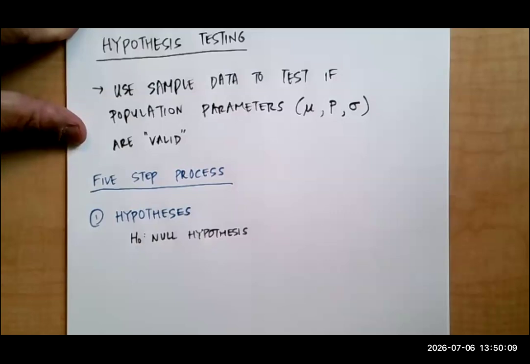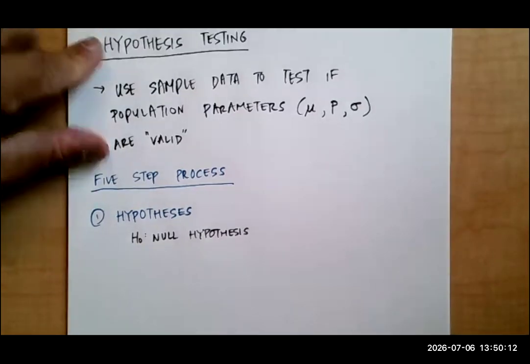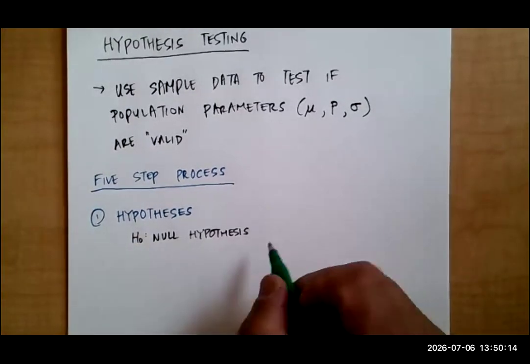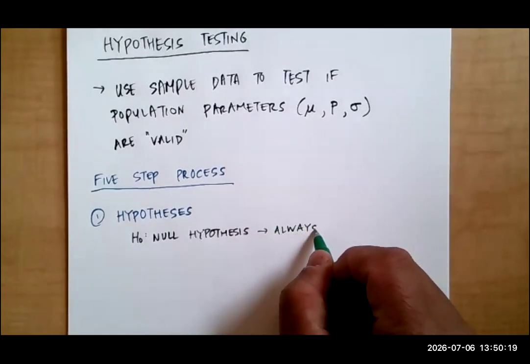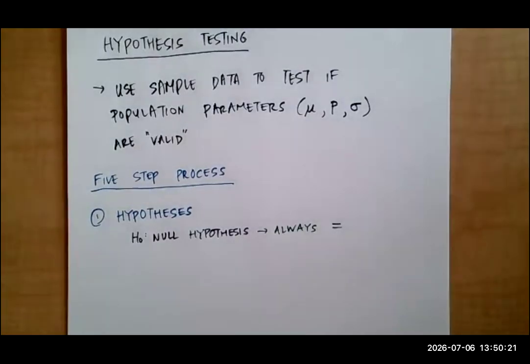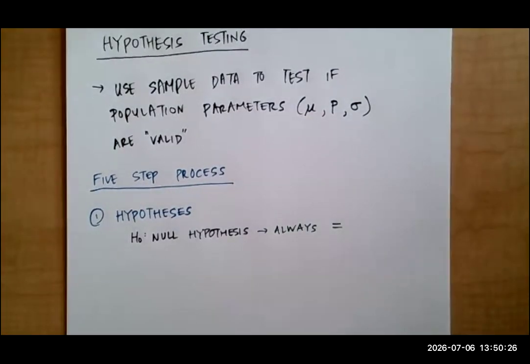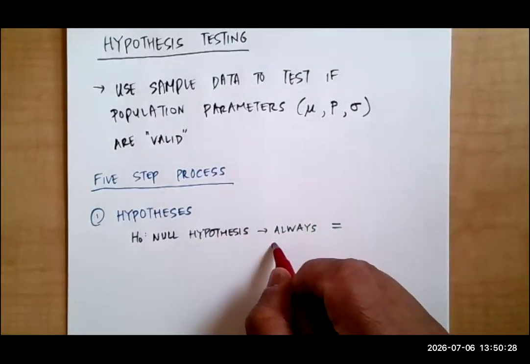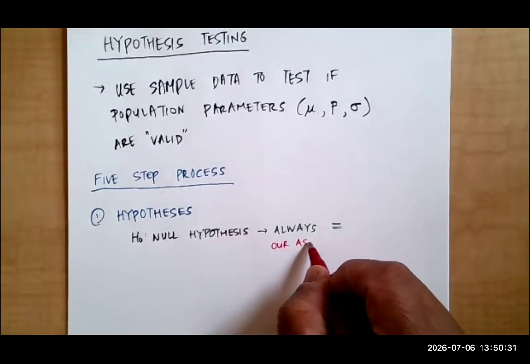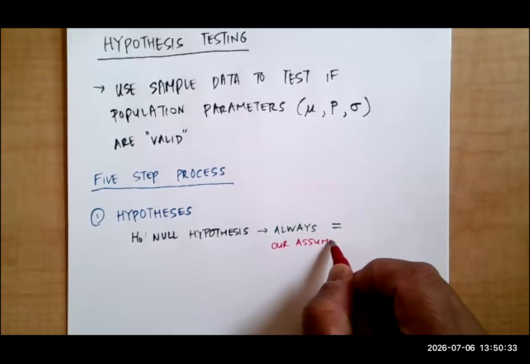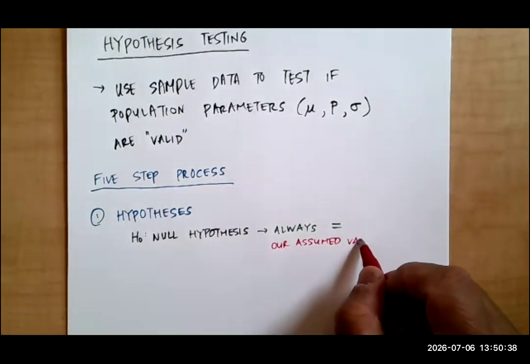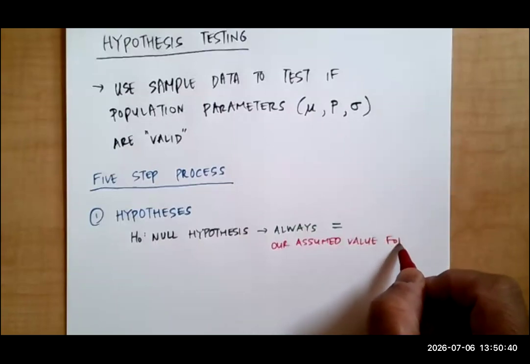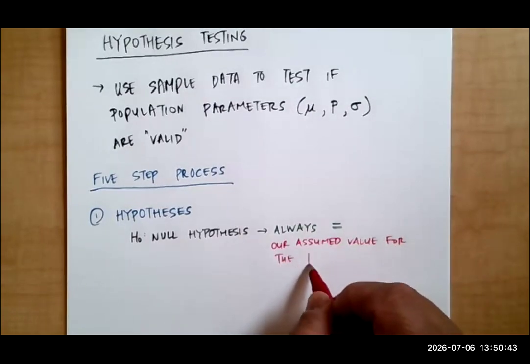Okay. And with our null hypothesis, I'm going to put here in green, there's notes here. With our null hypothesis, this is always going to have that equal sign. This is going to be our assumed, our agreed upon, or the assumption that we're working on, value for the parameter.